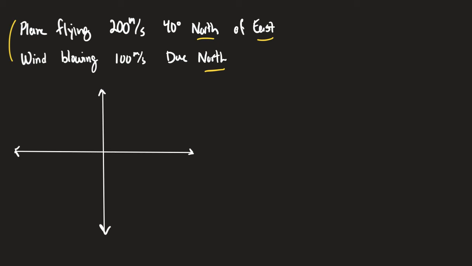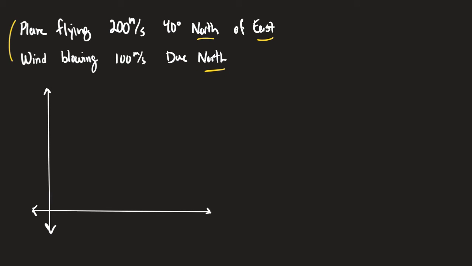Because if nothing else, 200 is twice as big as 100, so you should be able to make up a relatively straightforward and reasonably sized answer. This is all taking place in the first quadrant. So I'm going to shift my origin down to the bottom left, and I'm going to put north and east here.